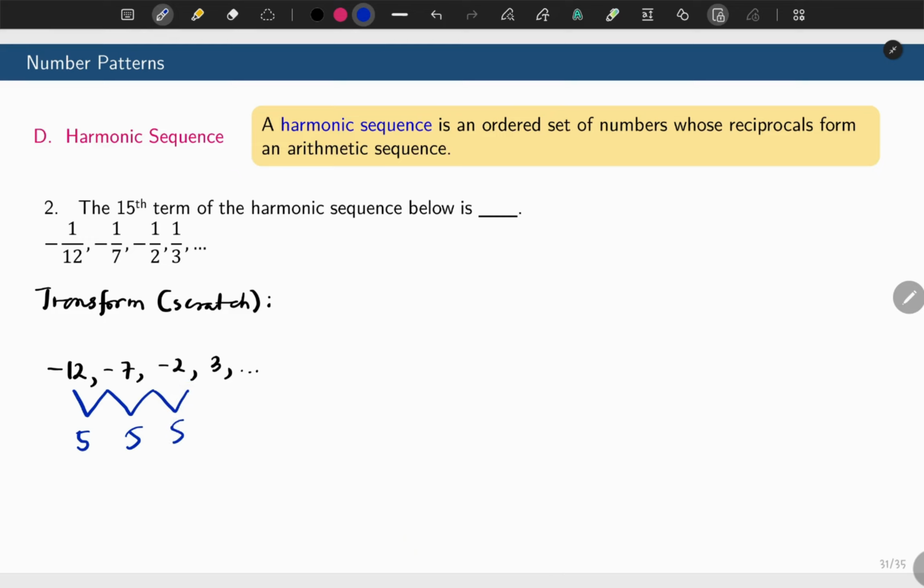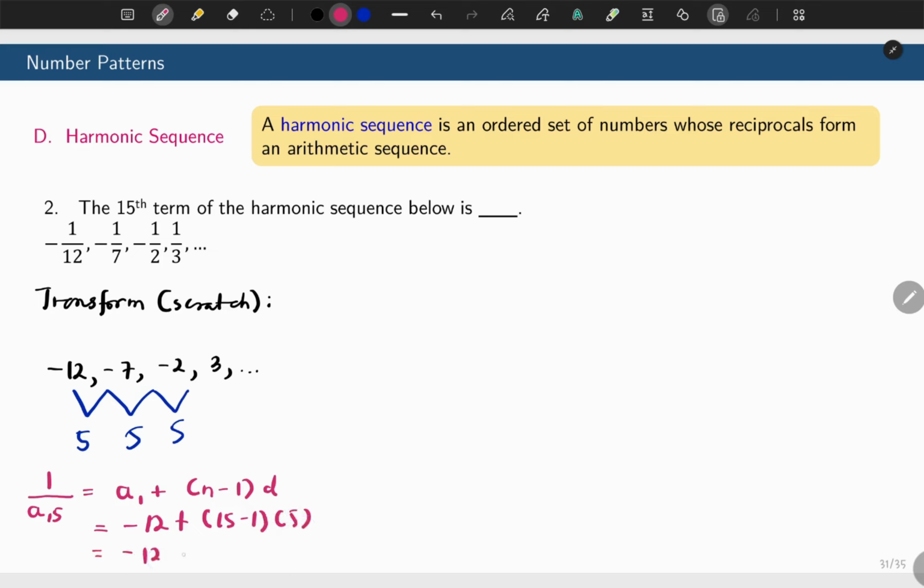So, let us get the 15th term. A sub 1 plus n minus 1 d. Okay, nakaka-reciprocal, no? Negative 12 plus 15 minus 1 times 5.